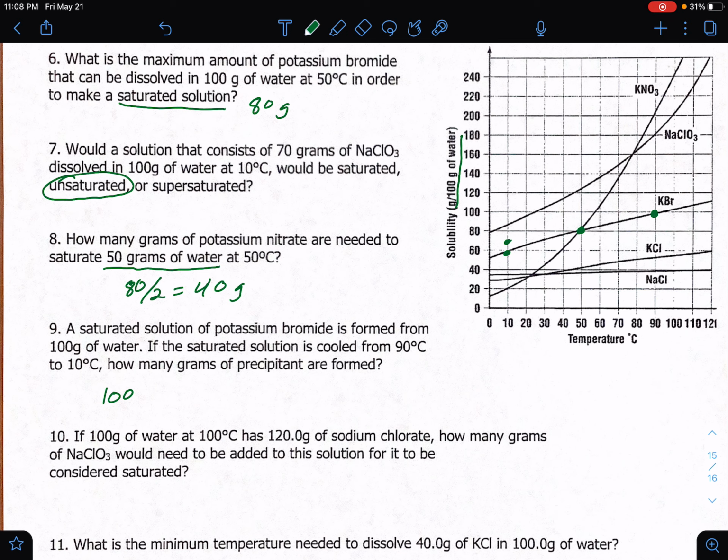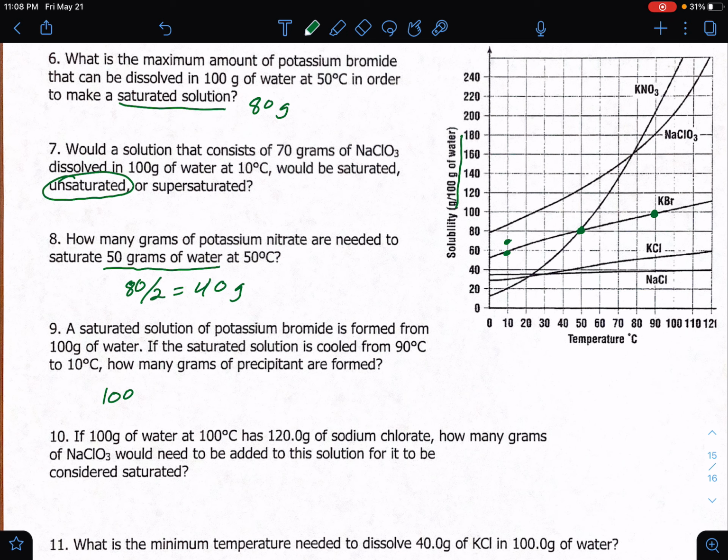So my NaClO3 line at 100 degrees is right about here. Okay, so that's about 200 grams if you look to the left. So I'm going to take that 200 and subtract the 120.